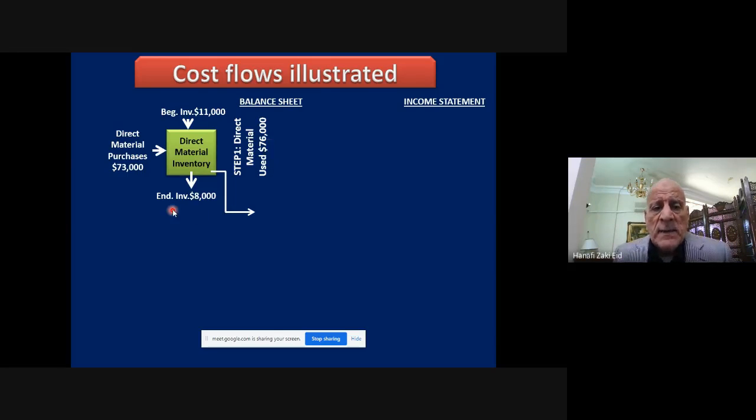The difference means only that there is $76,000 cost of materials issued. This issued, yes, but we have no proof that all the issued entered the factory, entered production. Some of these materials may be spoiled or may be stolen.